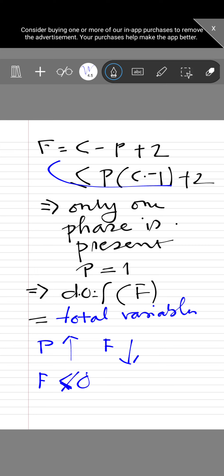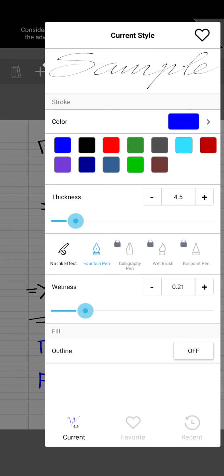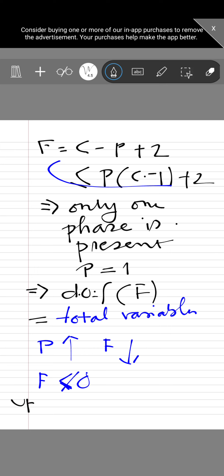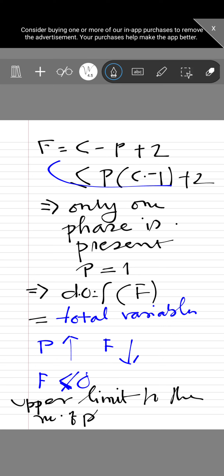So we have an upper limit to the number of phases that can exist in equilibrium.